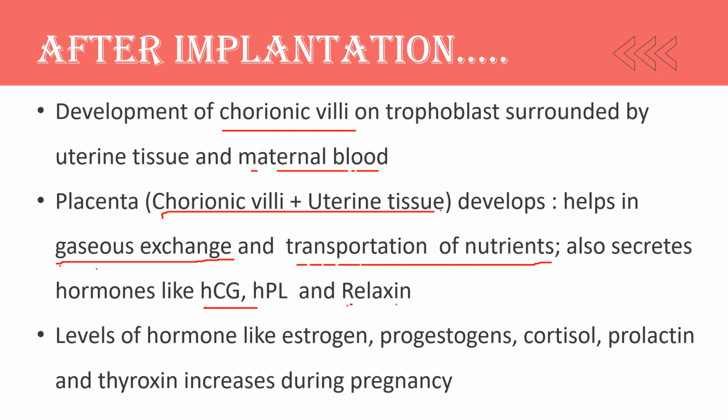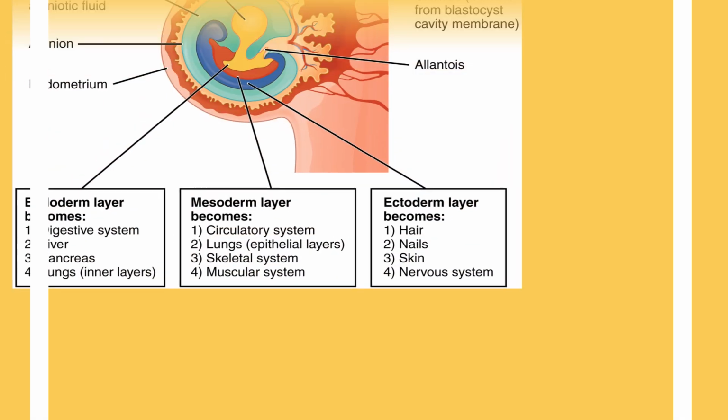These three hormones are secreted only in pregnancy, and relaxin among them is released only in the later stage of pregnancy. All other hormones like estrogen, progesterone, cortisol, prolactin, thyroxine, they are all increased during pregnancy.